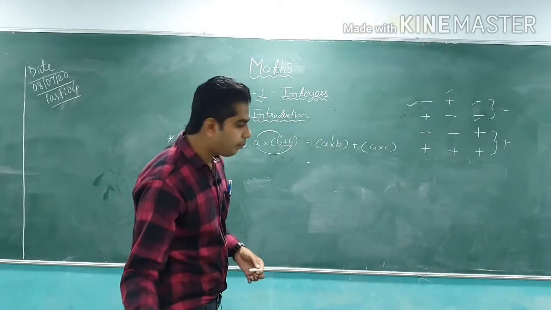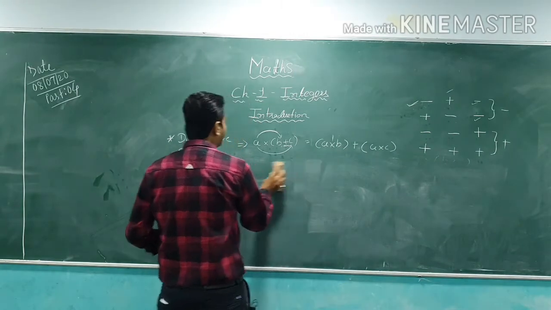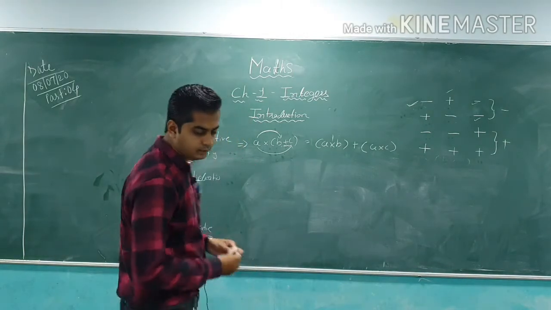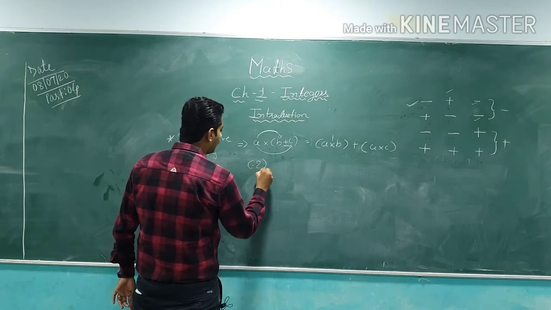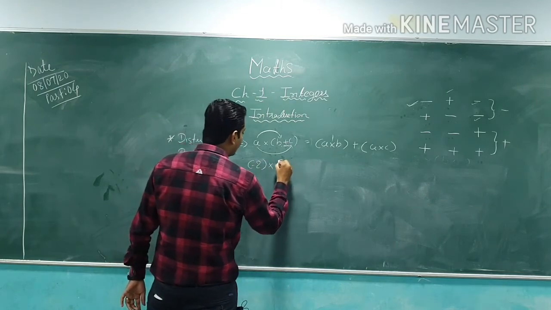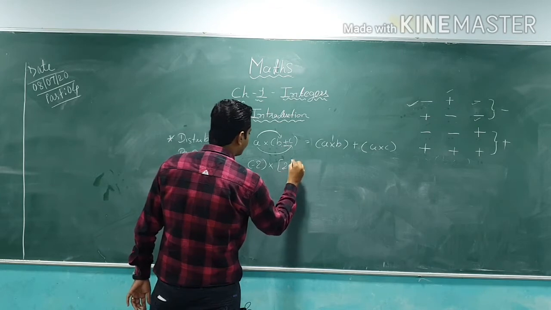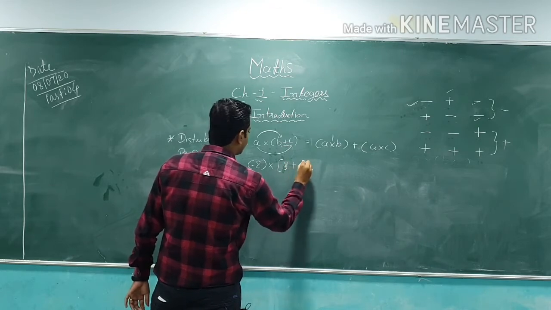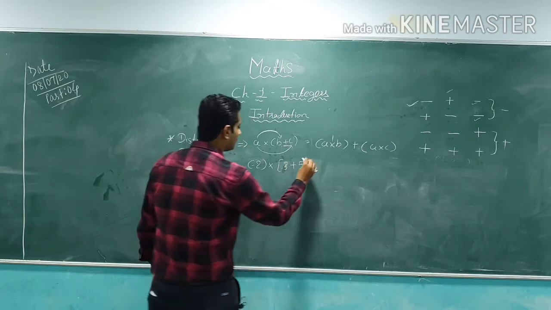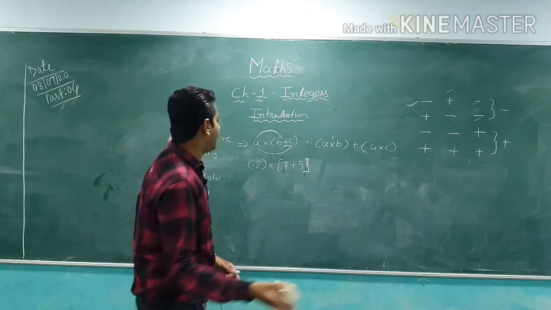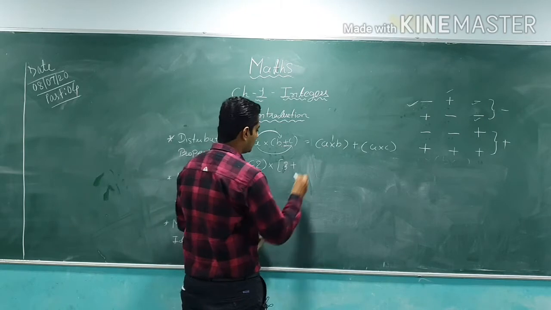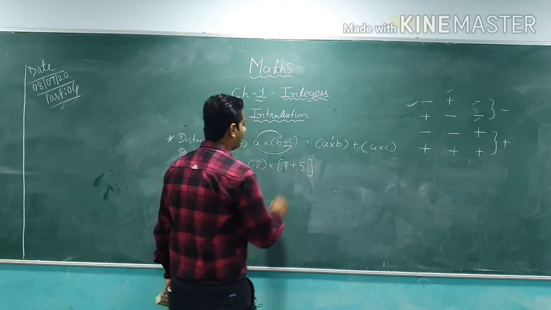Now let's take an example so you can understand properly. Minus 2 multiply in the bracket 3 plus 5. Let's write properly. Okay.